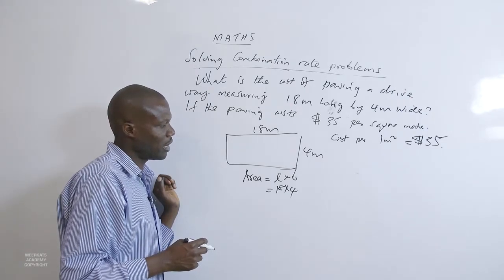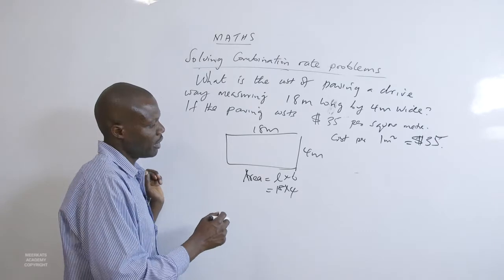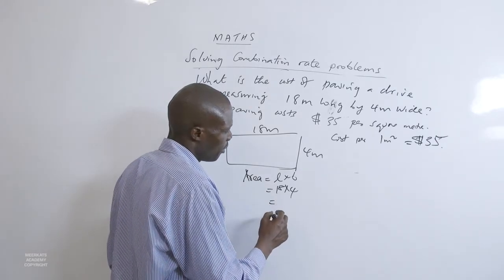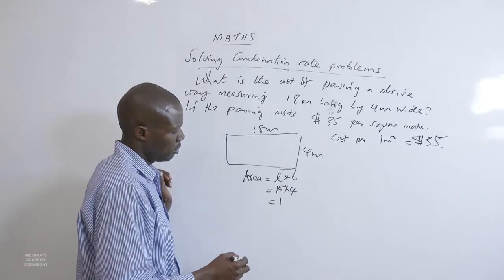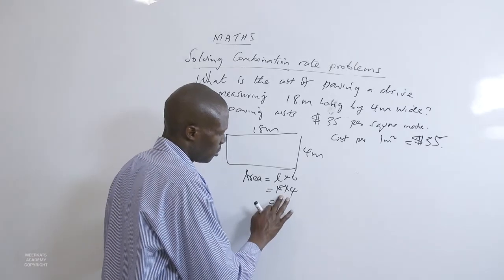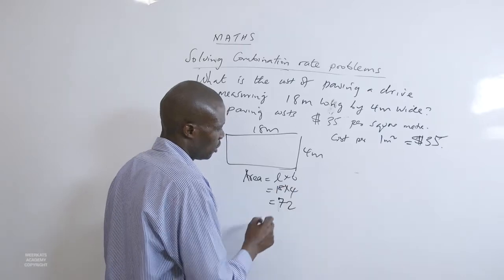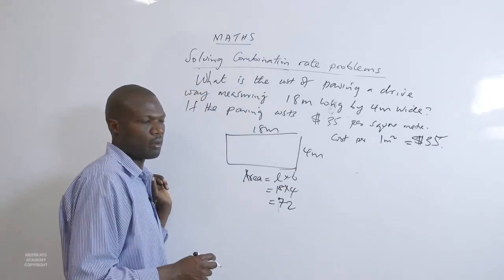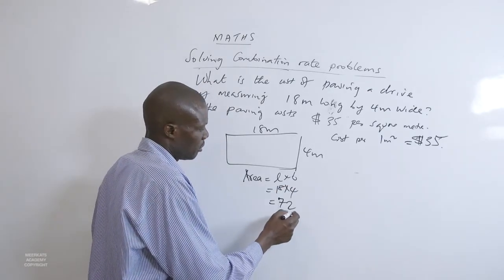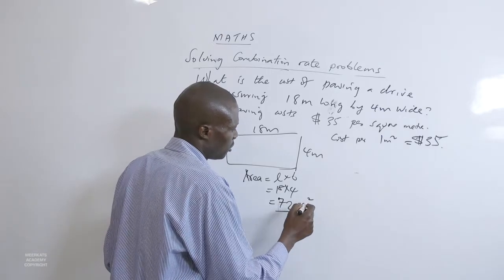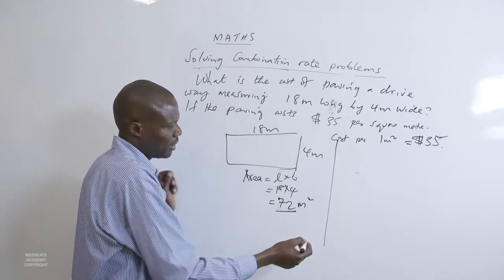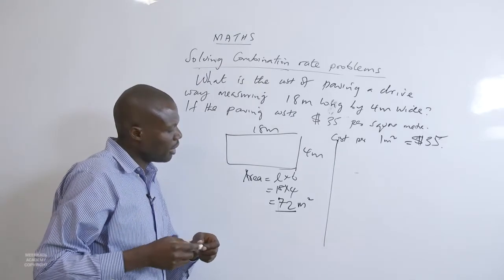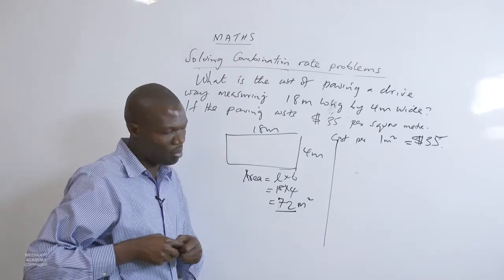You'll get 72. So this is 72 square meters. We have to pave an area of 72 square meters.